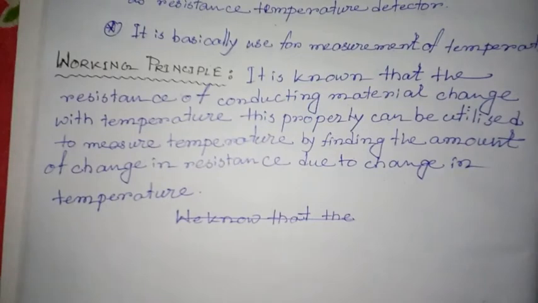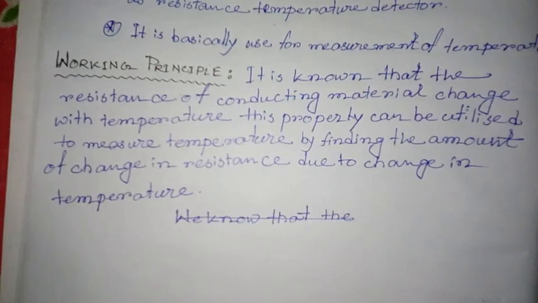Working principle. It is known that the resistance of a conducting material changes with temperature. This property can be utilized to measure temperature by finding the amount of change in resistance due to change in temperature. Now, how does the resistance change with respect to temperature?